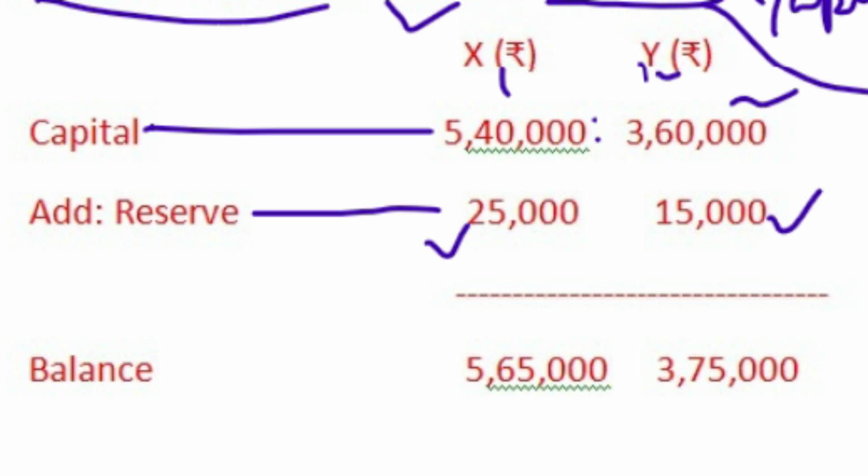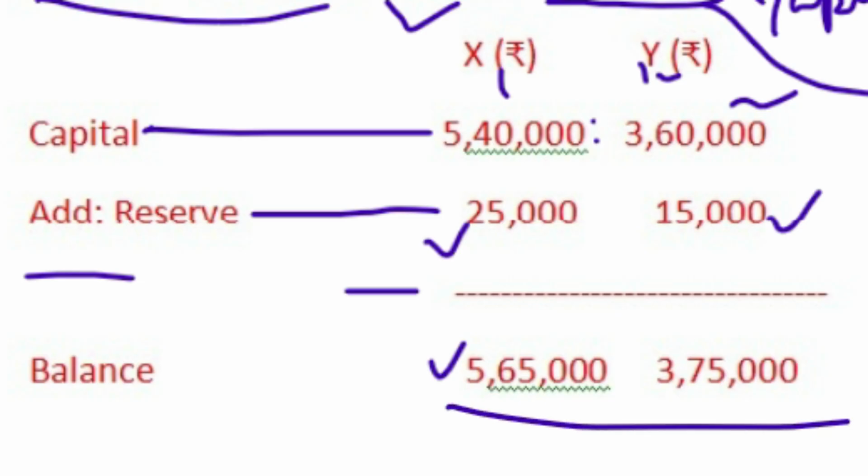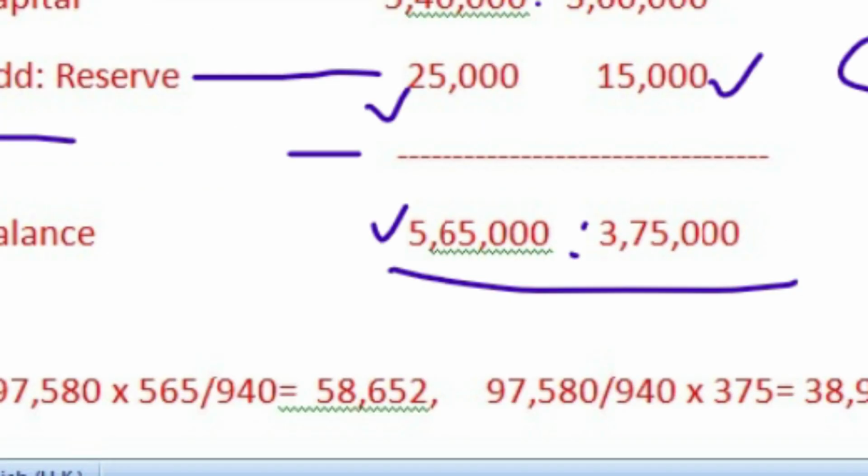The loss on realization will not be adjusted; ignore the loss on realization. You add it, so 5,65,000 and 3,75,000. This is the ratio.